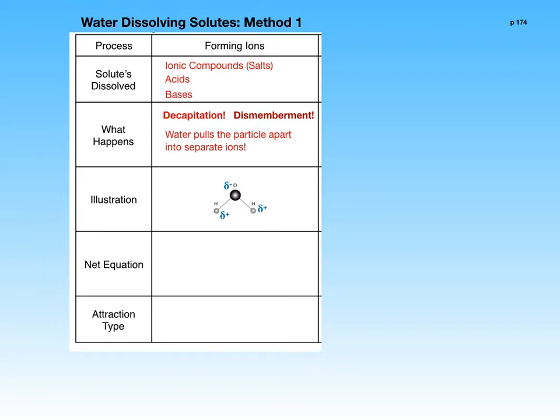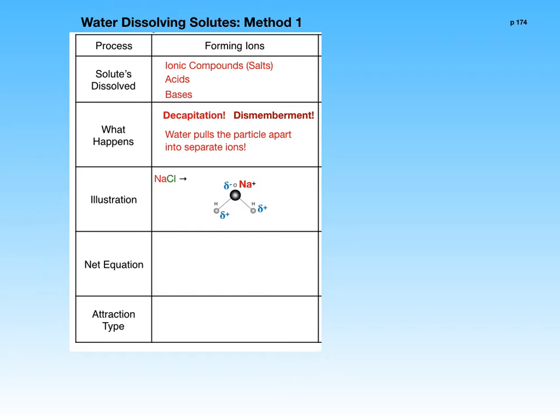When you take a salt or an ionic compound like NaCl and dump it into water, the polar negative side of the water molecule, the oxygen side, starts pulling sodium ions, the cations, away from the crystal lattice.